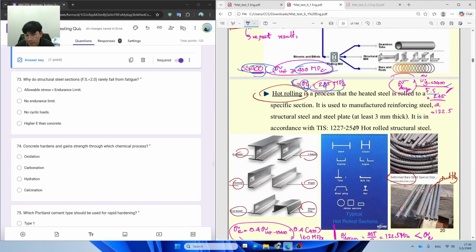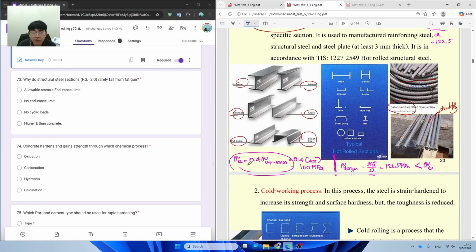And then we check it here. If it's 40% of the ultimate stress of the steel grade SS400, which has an ultimate stress of 400, then 0.4 multiplied by 400 gives the endurance limit of 160 megapascal. But for the allowable stress or design stress, we're going to use the yielding stress, sigma yielding, divided by the factor of safety.